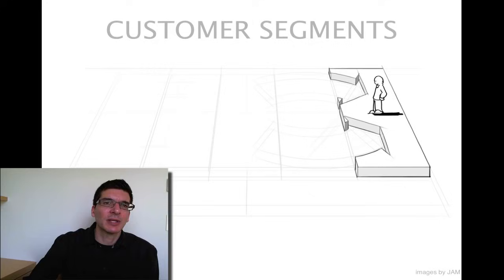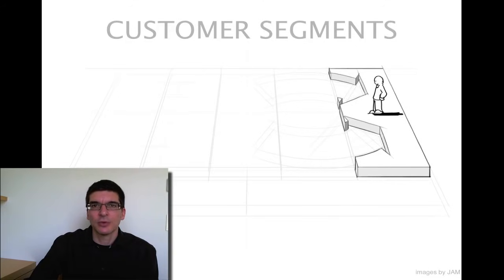It's about 9 building blocks. The first building block is customer segments. You need to ask yourself, which customers are you serving in your business? Let's look at a newspaper. What are the customer segments of a newspaper? Well, in fact, there are mainly 2.